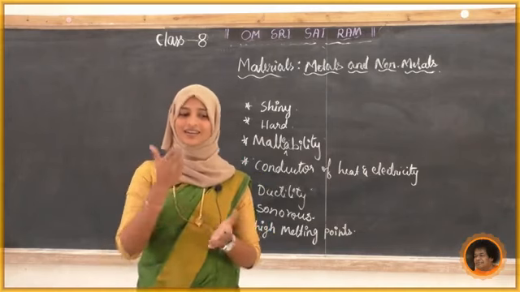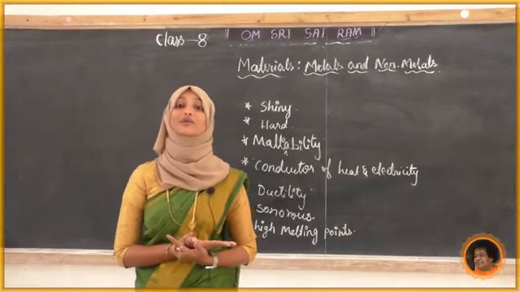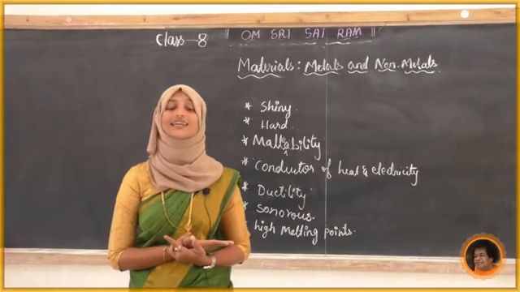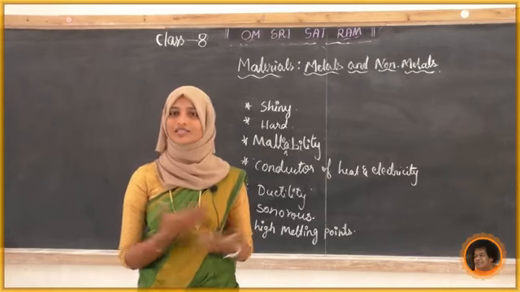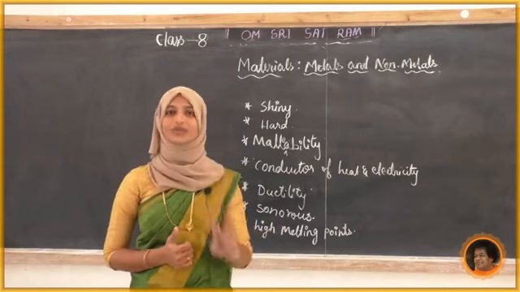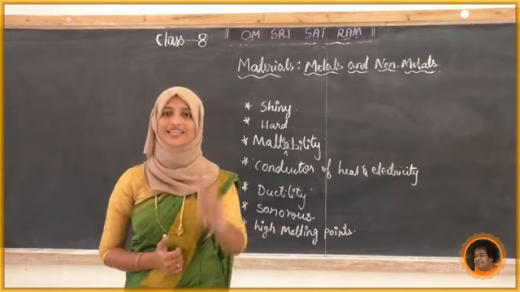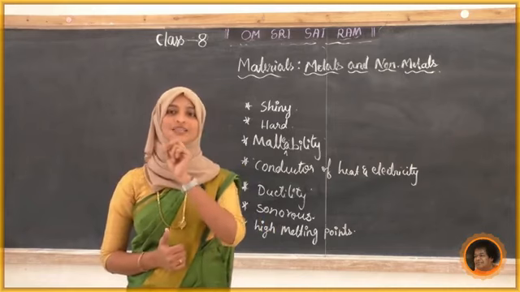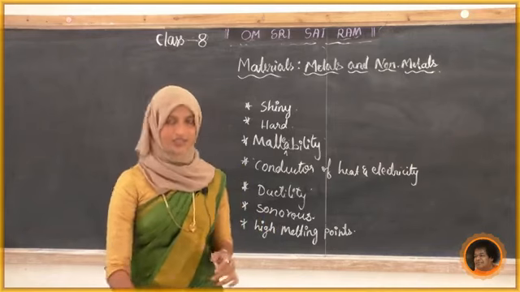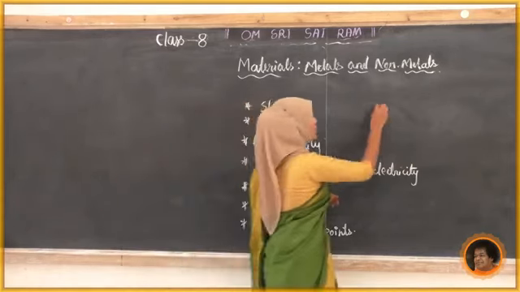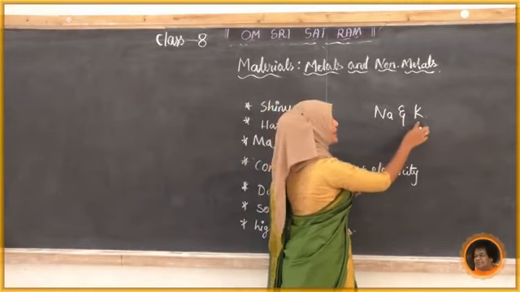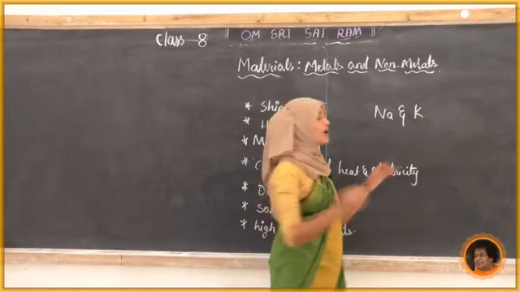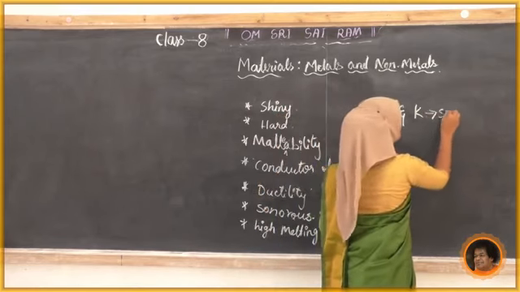We can cut these metals by using a knife. That much soft it is. But iron, aluminium, all the same, it is very hard. Only two metals we can see, that is sodium and potassium. They are soft metals. So write down here students, sodium and potassium are the soft metals.